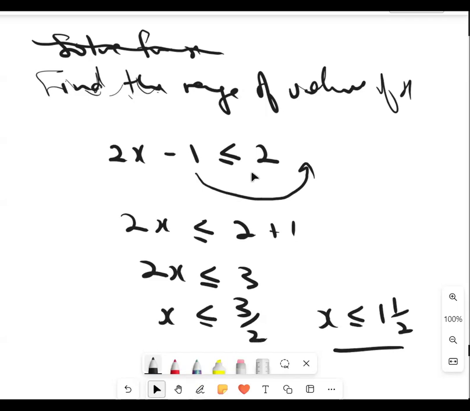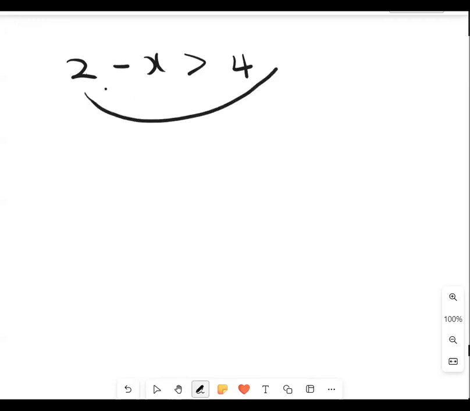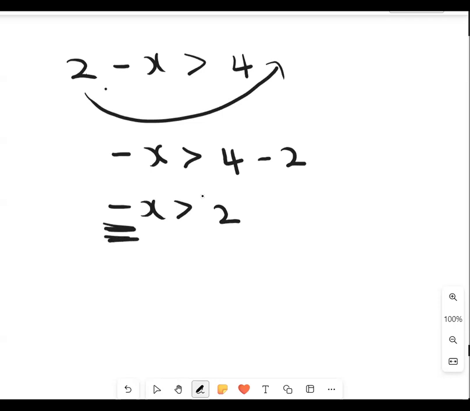Good. Let me show you that thing about turning around the inequality sign. Let's say you have 2 minus x is greater than 4. To solve this, take the 2 over. So you end up with minus x is greater than 4 minus 2, so minus x is greater than 2. But you don't want minus x, you want x. So you have to multiply or divide throughout by minus 1.